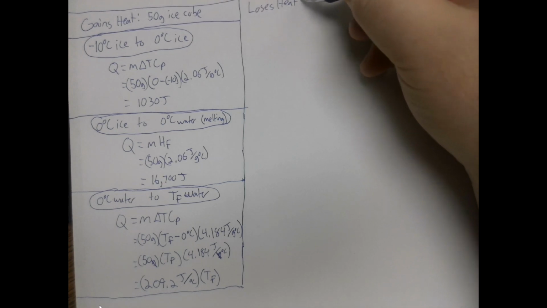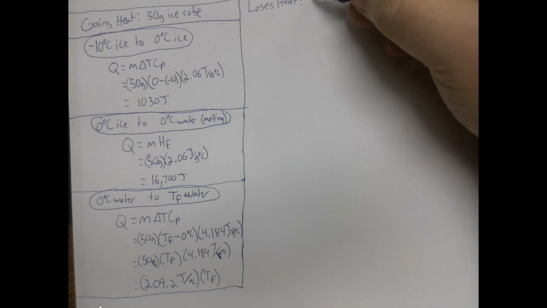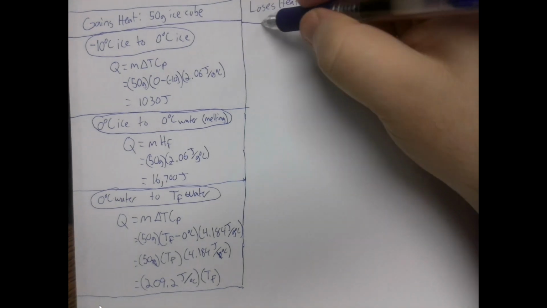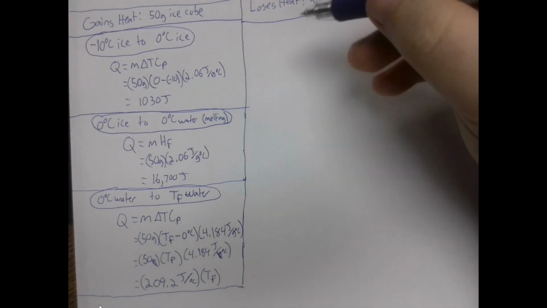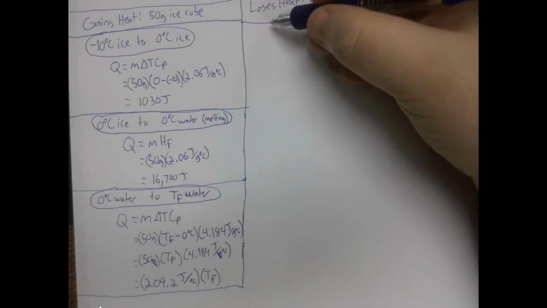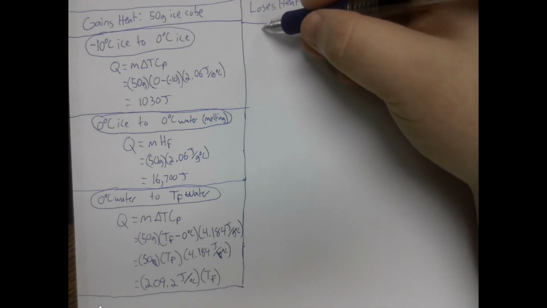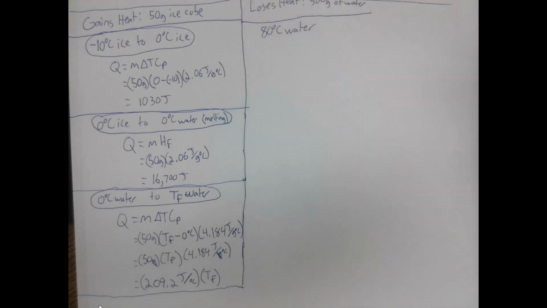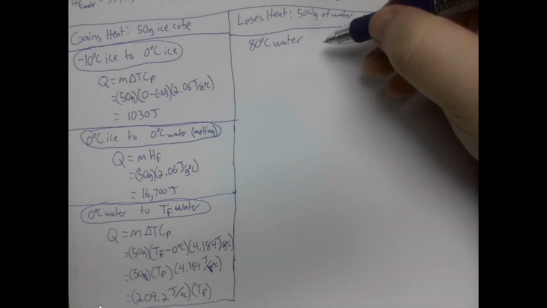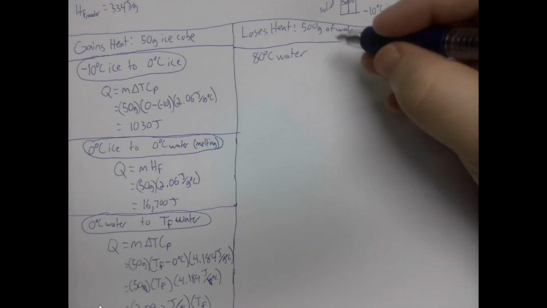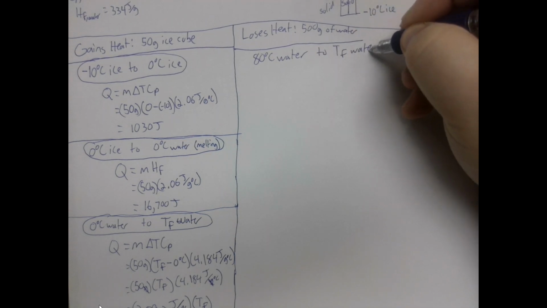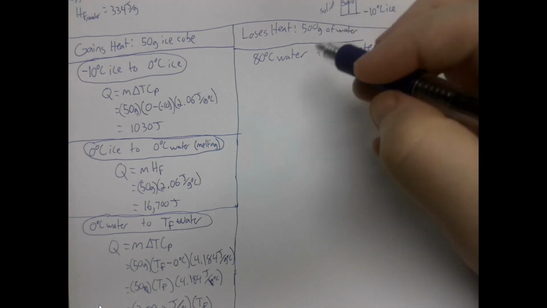What loses heat? Well, that would be the 500 grams of water. The 500 grams of water starts out at 80 degrees Celsius water, and it goes to some final temperature and stays water. Again, we made the assumption that it's supposed to stay water.